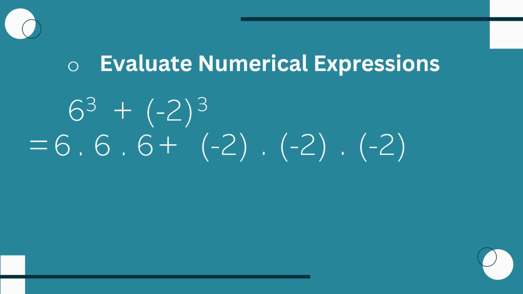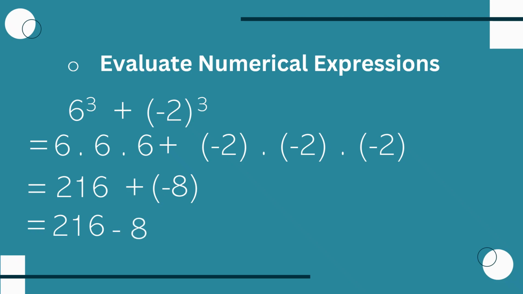So let's simplify. 6 times 6 times 6 is equal to 216 plus negative 2 times negative 2 is equal to positive 4 times negative 2 is equal to negative 8. So negative times positive is equal to negative. So this is negative 8. Then let's subtract. 216 minus 8 is equal to 208.